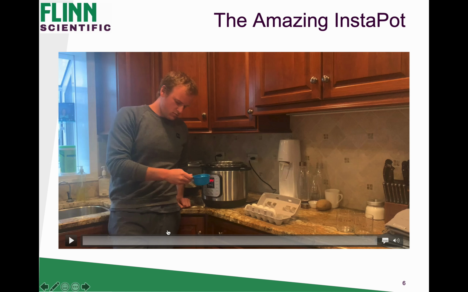And really that would apply for any food that you put into an Instapot. It cooks really, really fast. And let's see if you can come up with a good reason why foods in an Instapot cook so quickly.